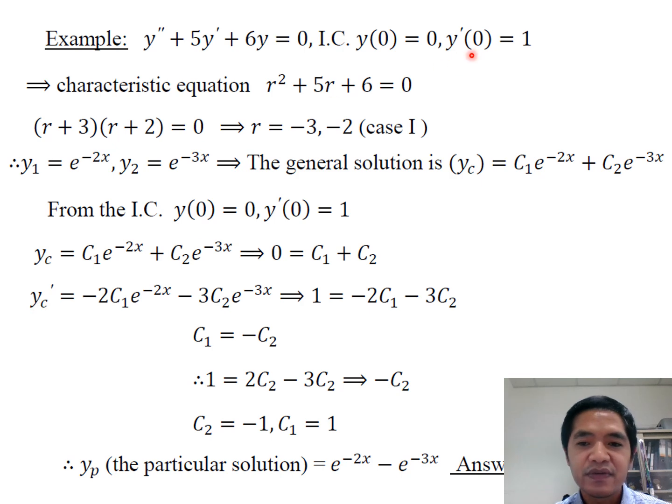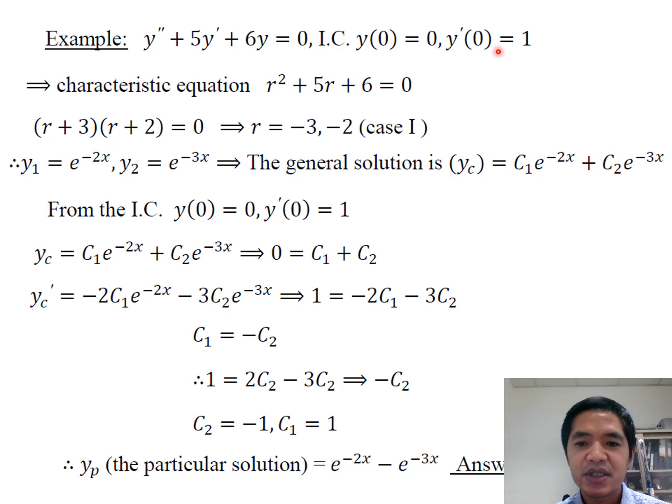And when we take the first derivative here, we're gonna get minus 2 c1 e to the minus 2x, and do the first derivative here too, we get minus 3 times c2 e to the minus 3x.